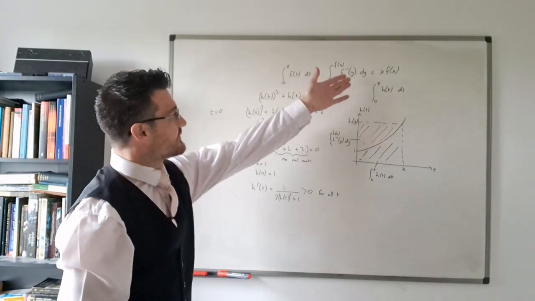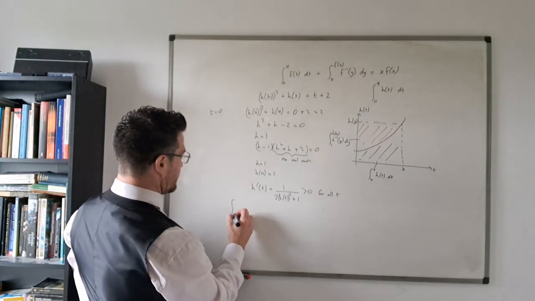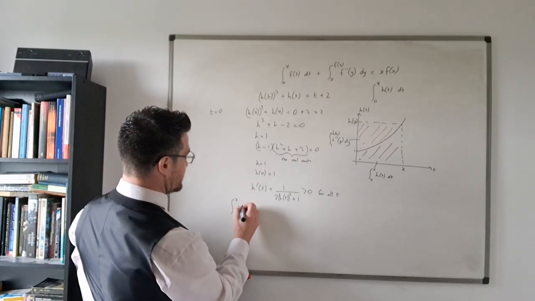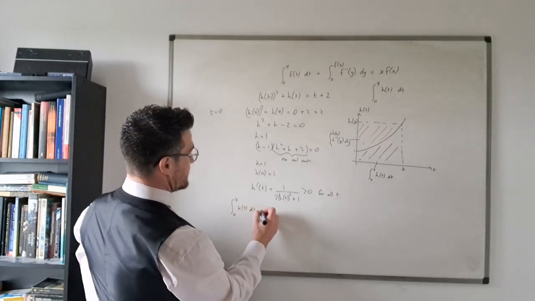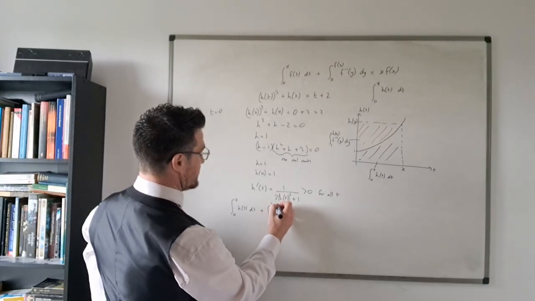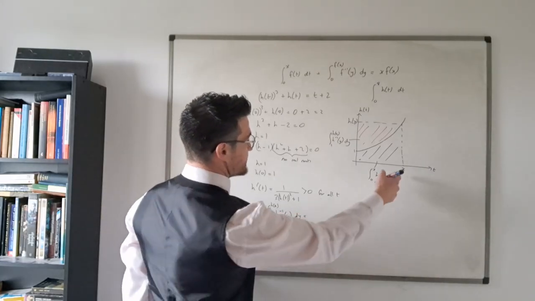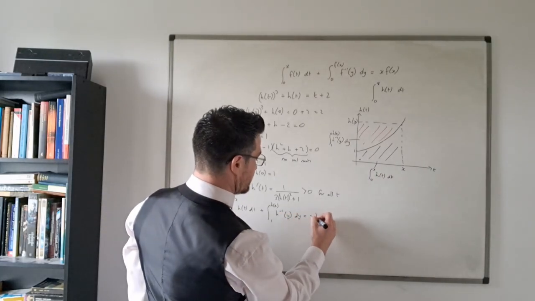We get a kind of analogous formula to this, which is that the integral from 0 to x of h of t dt plus the integral from 1 to h of x of h inverse of y dy is equal to x times h of x.